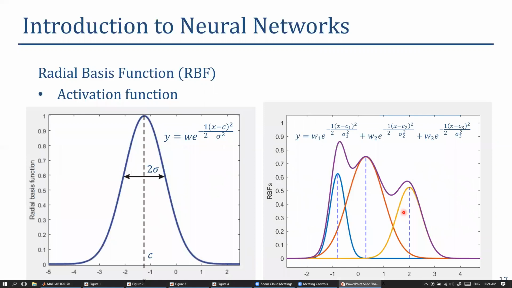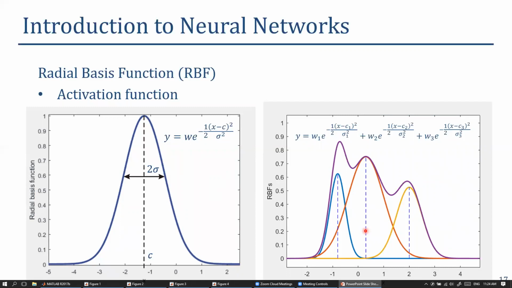Okay, so now I want to explain a little bit more about the training of the radial basis type of neural network. The easiest way to do that is just to use an example. What we have in this network is a number of neurons.